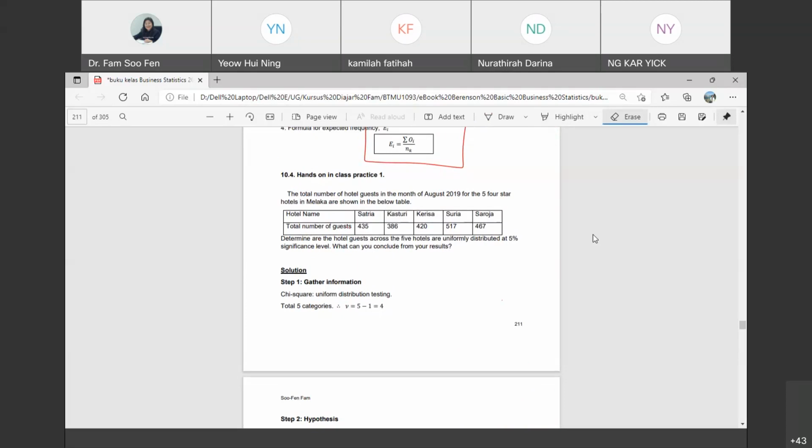When you finish, upload to the Padlet. You are given 20 minutes to complete this task.